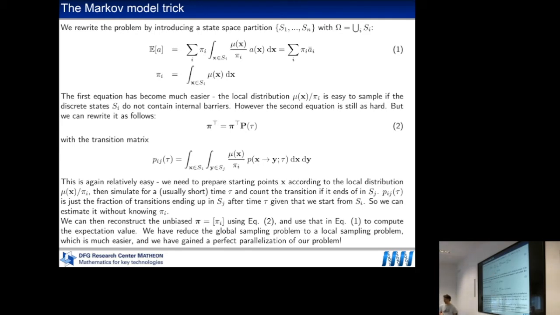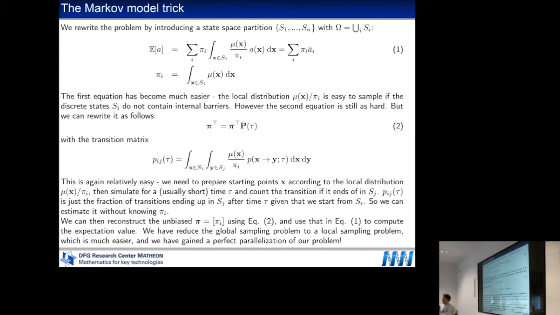So we just break down the state space into regions. And these are going to be our Markov states. And then this little integral, the integral over the part, we can just call that A dash. That is the expectation value over this region. So the expectation value is now just this discrete sum.